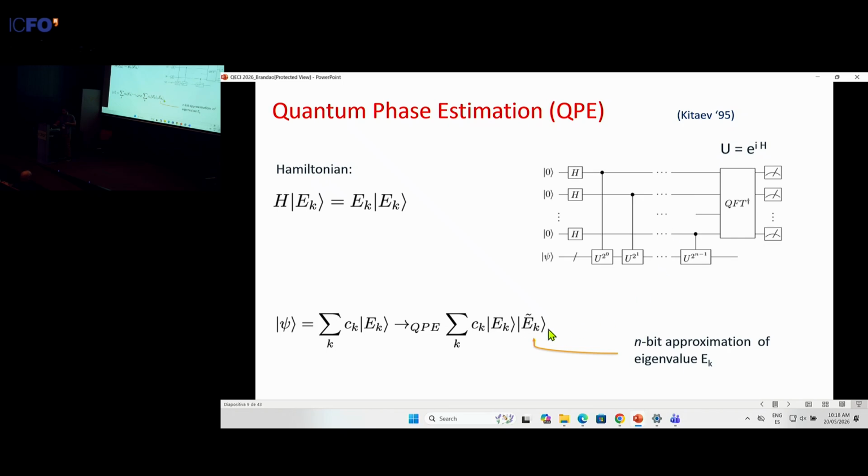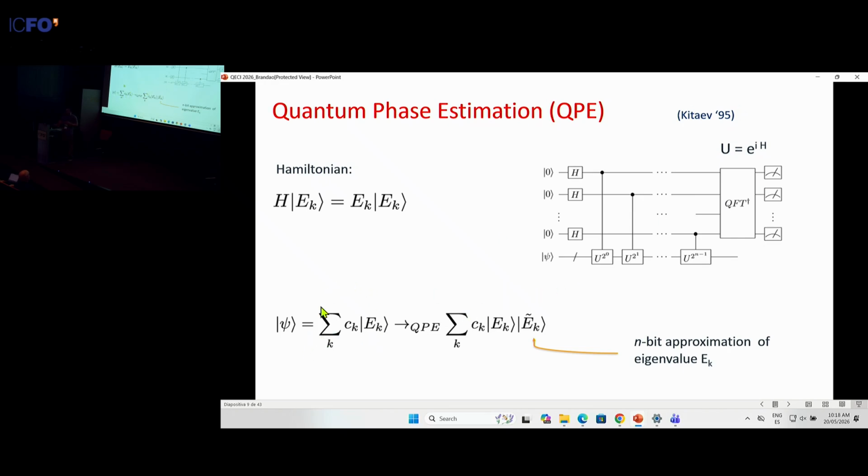And then, conditioned on the first ancilla, you apply U. Conditioned on the second one, you apply U for time 2. Then on the third one, U for time 4, and up to U for time 2 to the n minus 1. And then you apply the inverse quantum Fourier transform here. What you can show is that this quantum circuit is doing the following.